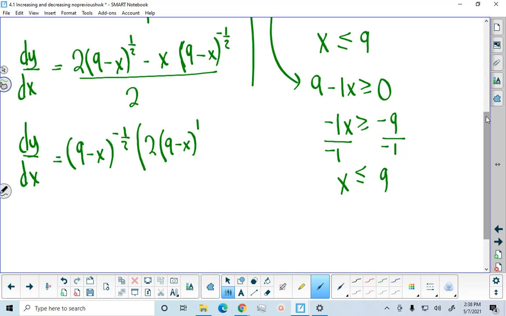And then out of the second one, x is the only thing that's left over because I took out the 9 minus x to the half. This is over 2.